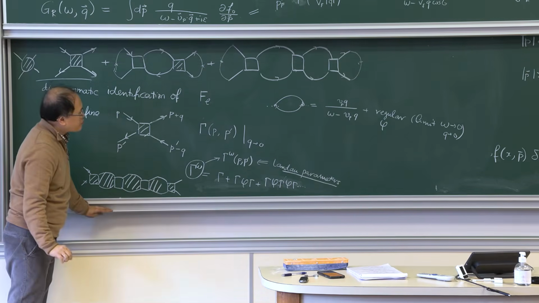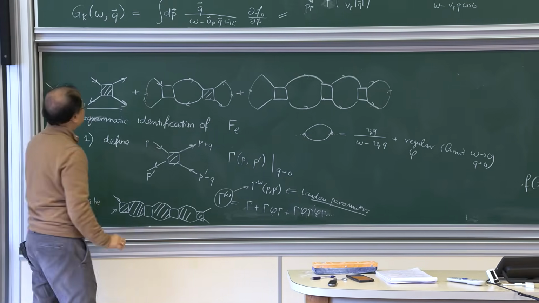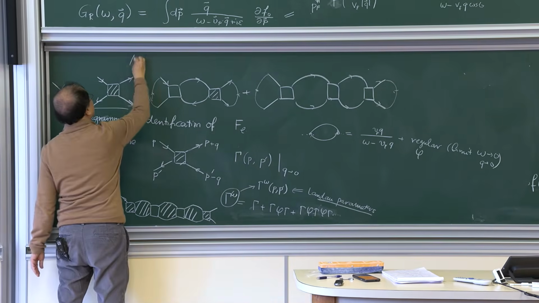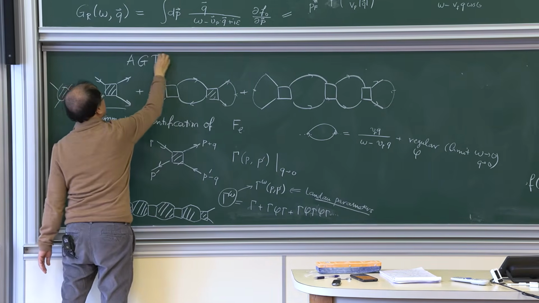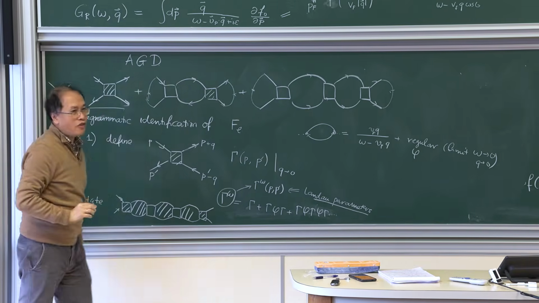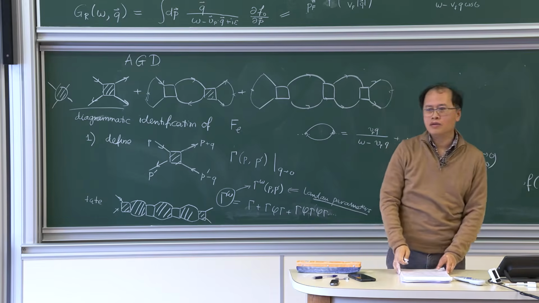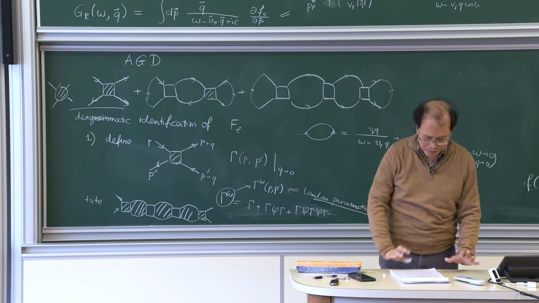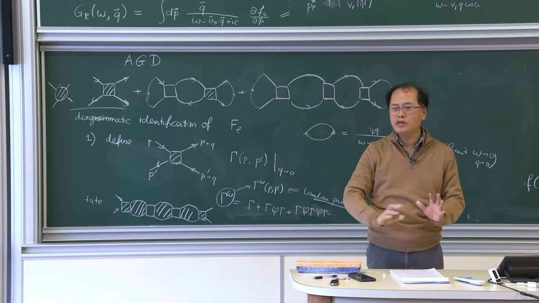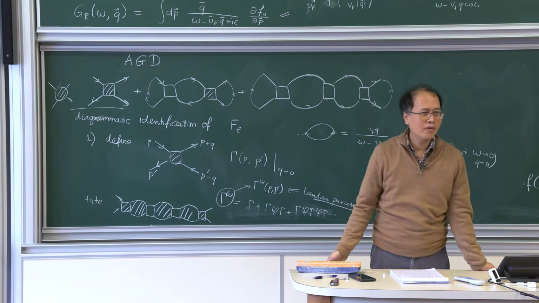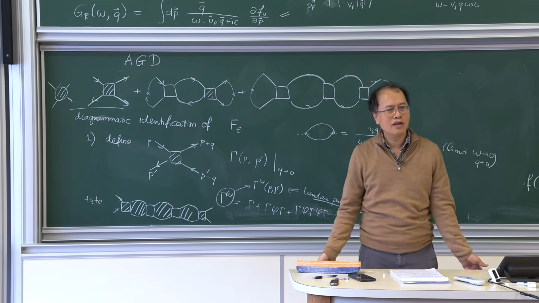The best place to read about this is in Abrikosov-Gorkov-Dzyaloshinskii, chapter 4. It's a chapter where one shows that one can reproduce many predictions of Landau's Fermi liquid theory.